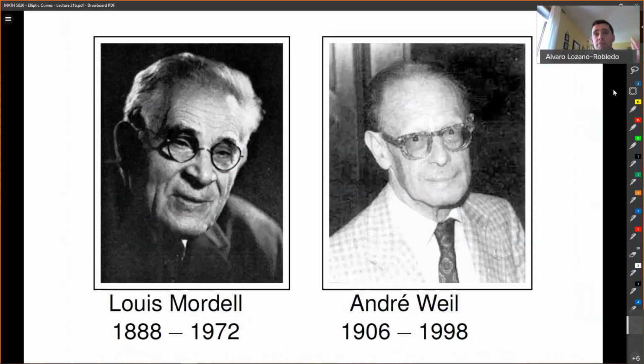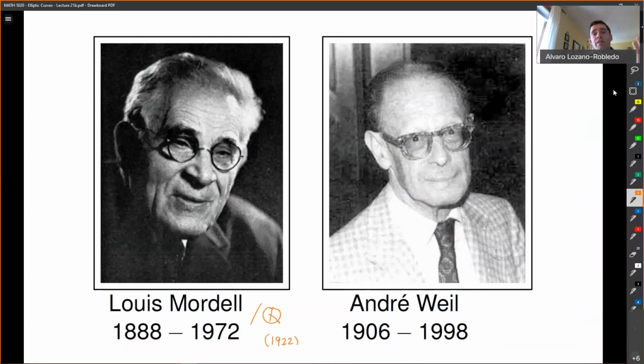I believe Poincaré was pretty sure that this was true, so it was assumed to be true by Poincaré, and then Mordell proved it. Mordell proved it over Q in 1922, and then Weil proved it over number fields, which is the version we're going to prove, but he proved more than that.